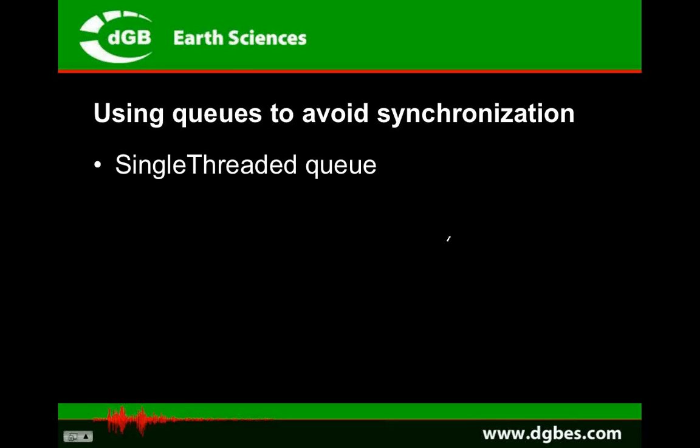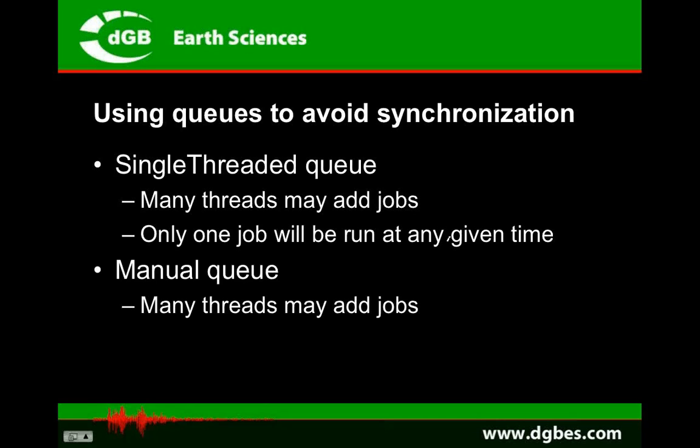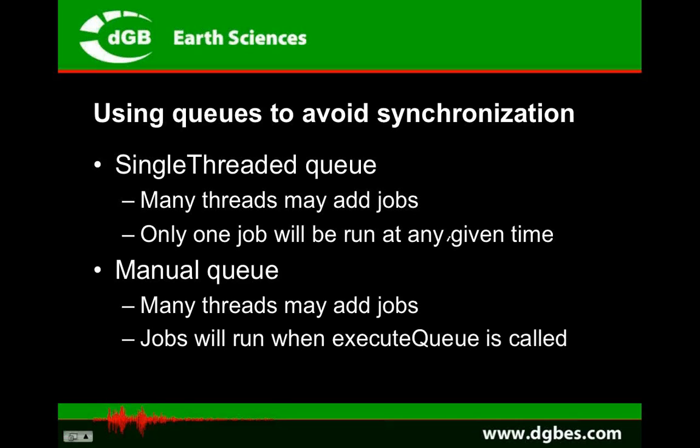We'll do that by using the single-threaded queue, where many threads may add jobs, but we're guaranteed that only one of these jobs will run at any given time. And then we'll also talk about the manual queue. In the manual queue, many threads may add jobs, but nothing will be done with these jobs until a special command called execute queue is called.